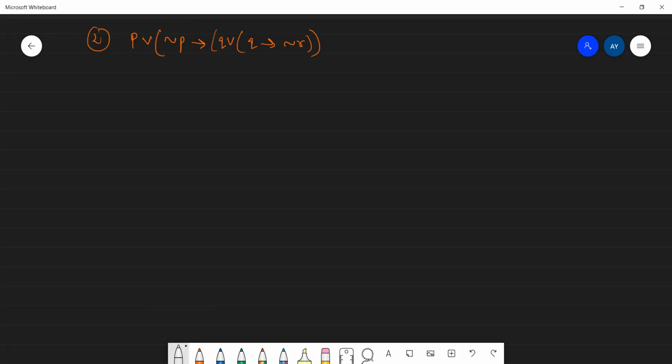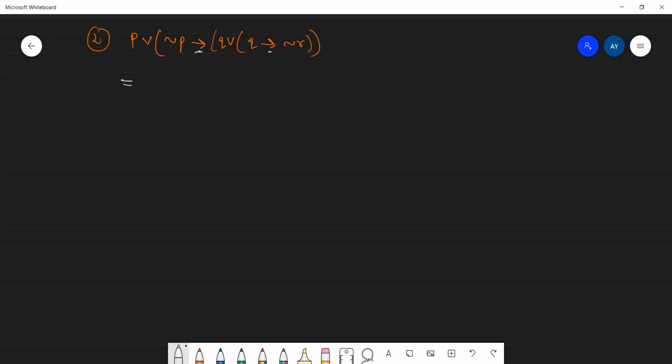What is the first step? Taking out implications, and by implications with respect to what? And, or, and negation. So how many conditionals, that is implications, are there? There are two. So making use of this, we'll remove these implications.